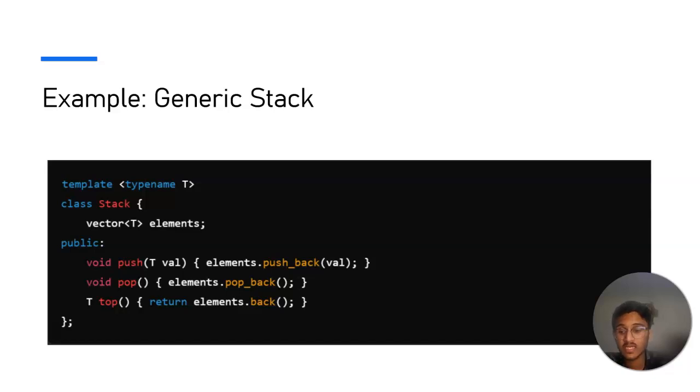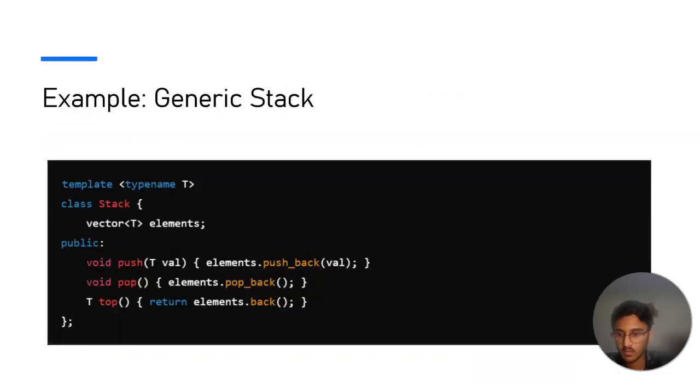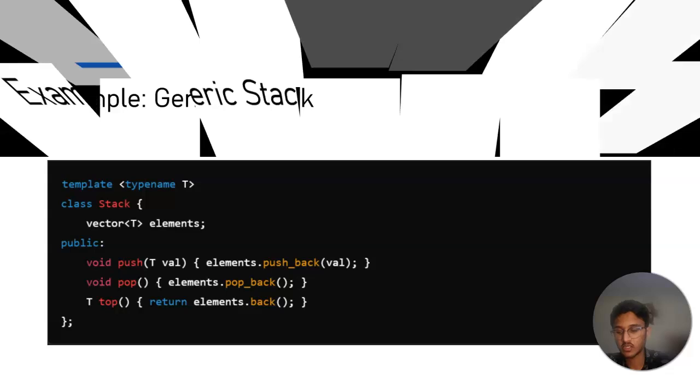This allows us to create stacks of any type. If we wanted to initialize this, we could create a stack of integers, or we could create a stack of strings. This makes data structures more reusable and efficient.